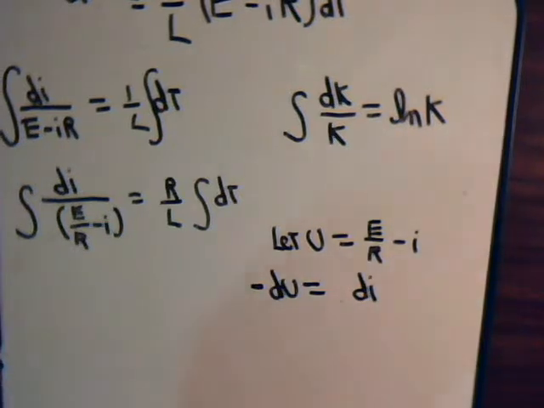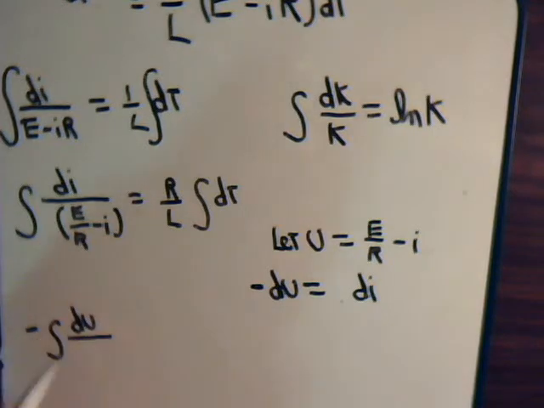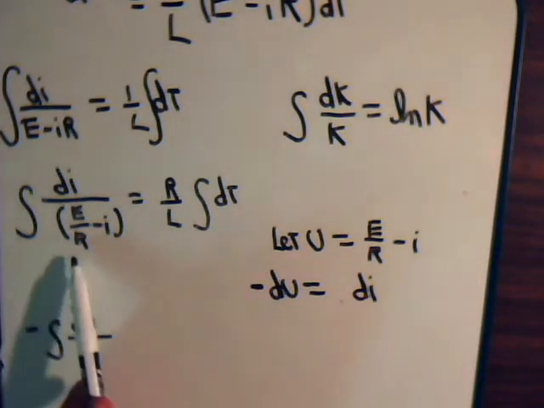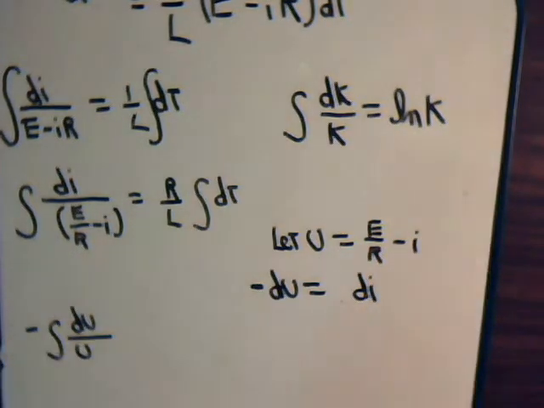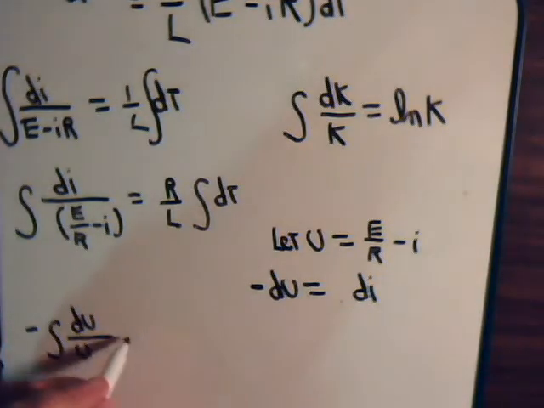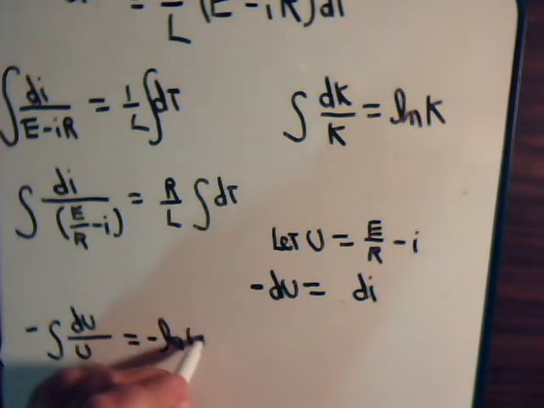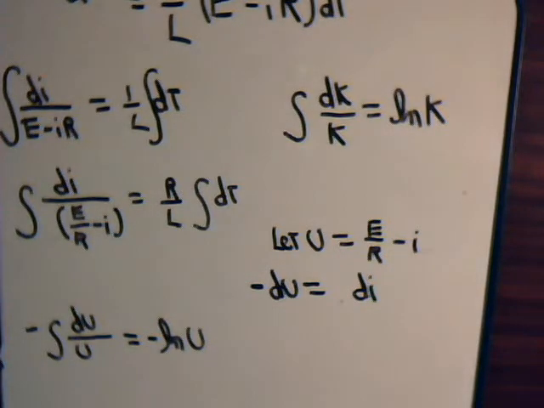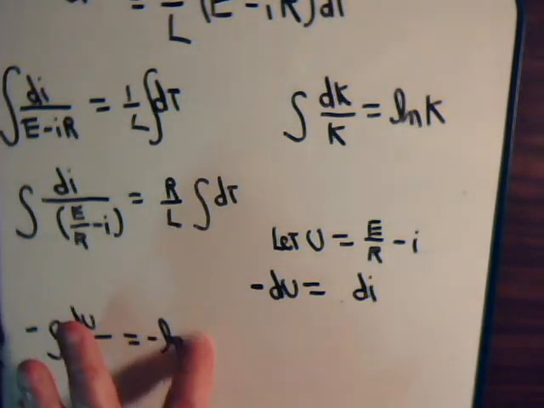Okay, so let's look at this integral. We had the integral of di. That's minus du. So I'll put a minus sign here, du. Then here it was divided by this stuff. But that stuff is what we called u. So we have this, and this is just equal to now minus the natural log of u. But what is u? That was our substitution for this. So let's write it in.